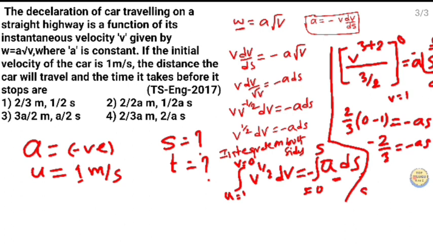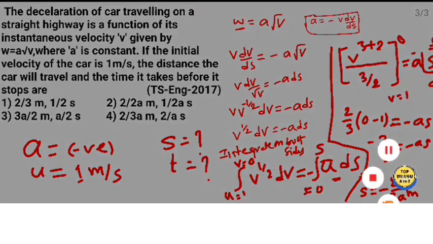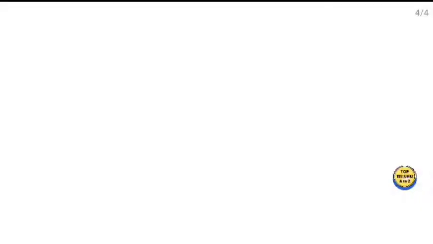Minus minus gets cancelled. s is equal to 2 by 3 a meter. So finally we get the displacement s is equal to 2 by 3 a meter.